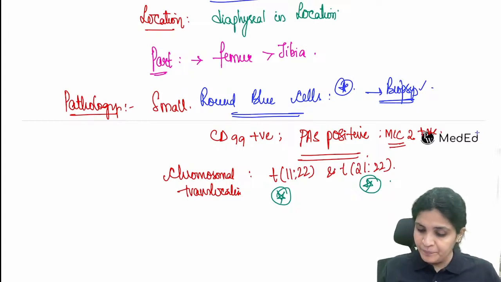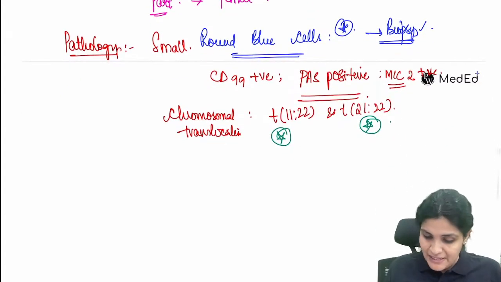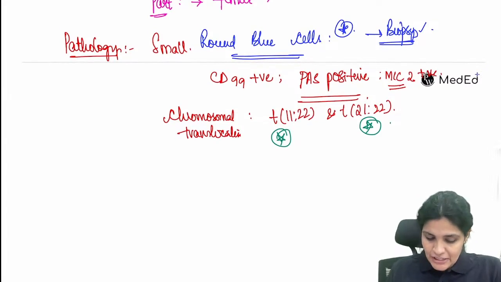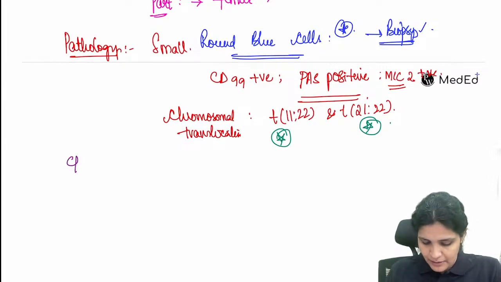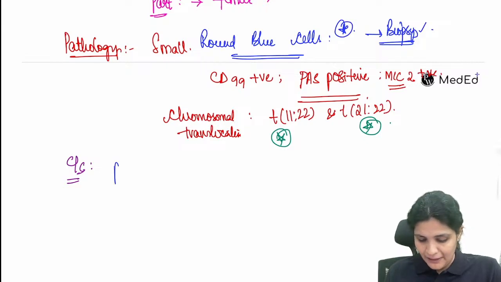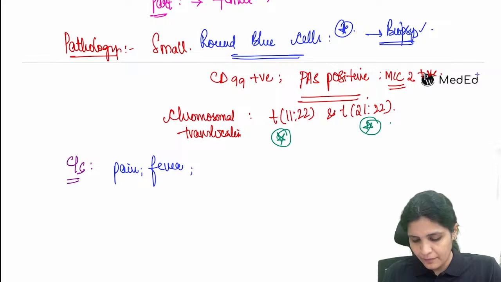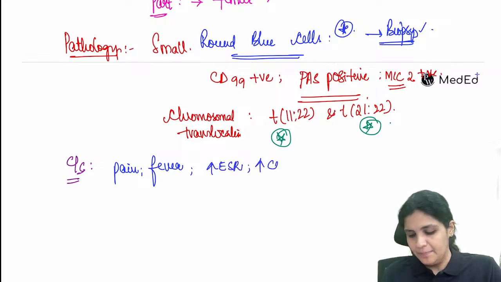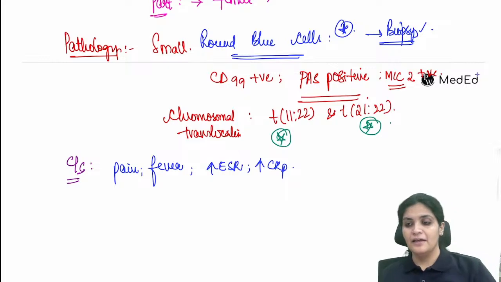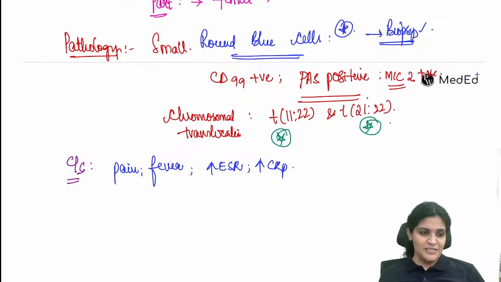And then how does it present? The presentation is very, very important, because this also presents with pain, fever, with raised ESR and raised CRP. So what do you think this presentation looks like?